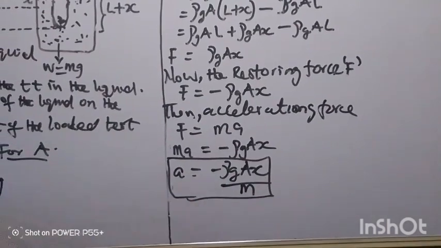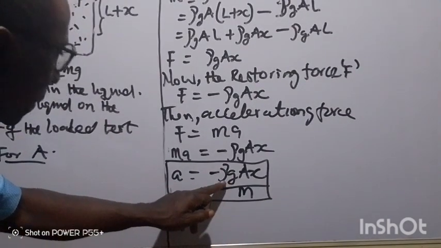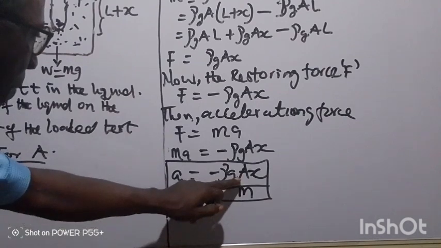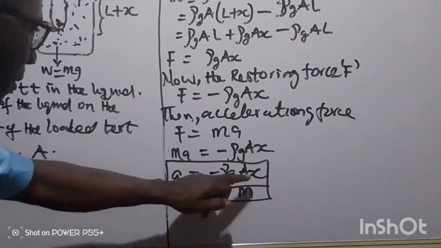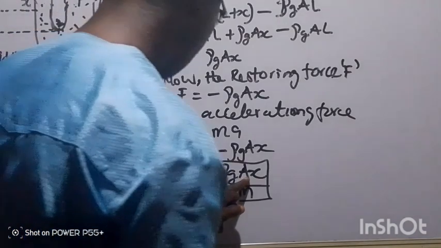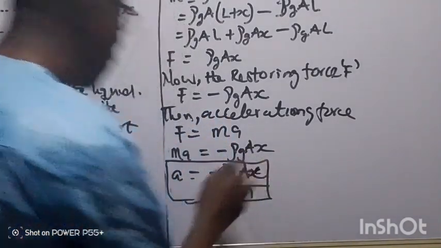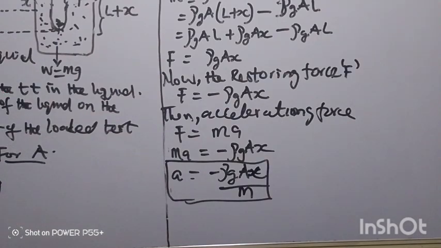That is, A is equal to minus density of the liquid multiplied by acceleration due to gravity multiplied by area covered by the test tube and the displacement over mass of the test tube.